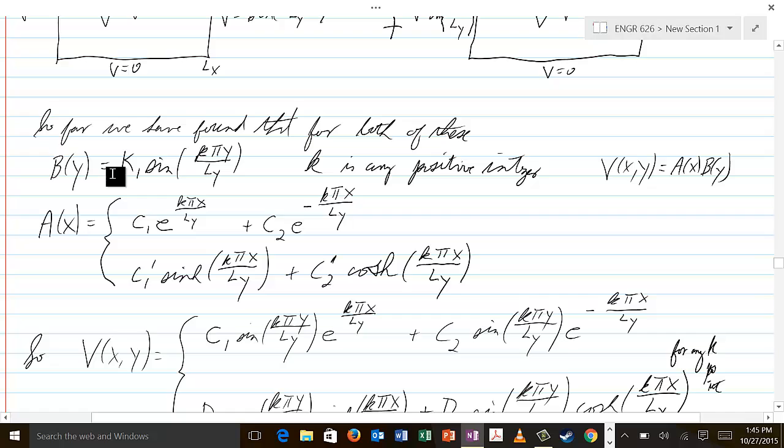So here I'll remind you of the solution we found for B is k1 sine of k pi y over Ly, where k is any positive integer. And A of x could be written either in this form or in terms of sinh and cosh.